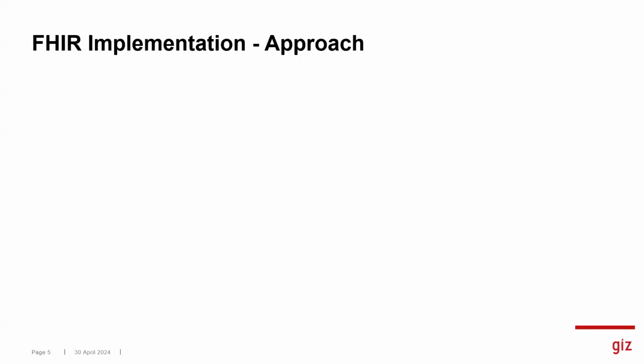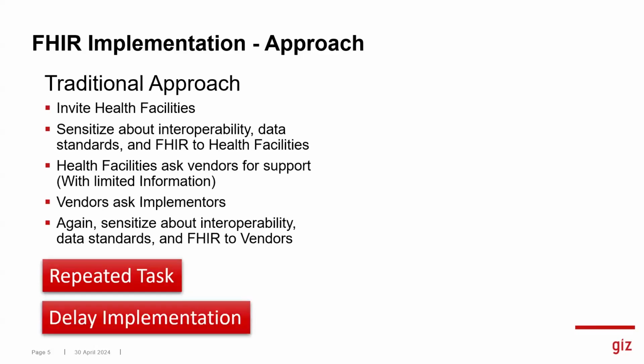But while we were trying to use this FHIR standard throughout Nepal, there was an issue on how we could approach this FHIR implementation, and how quickly we could expand it throughout the country. The traditional approach that we saw was that we have to invite some health facilities, and then we sensitize them about what is interoperability, what is data standards, and what FHIR is, and so on.